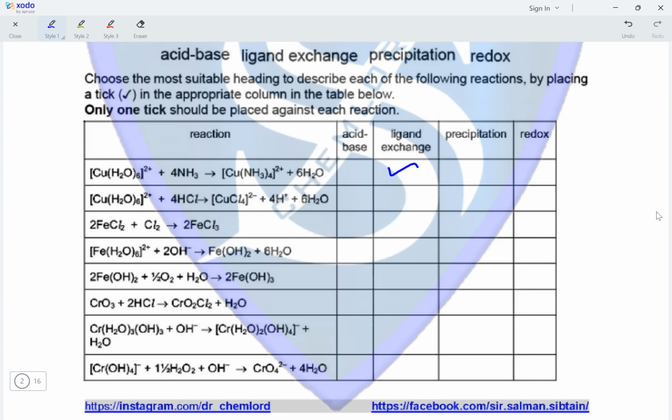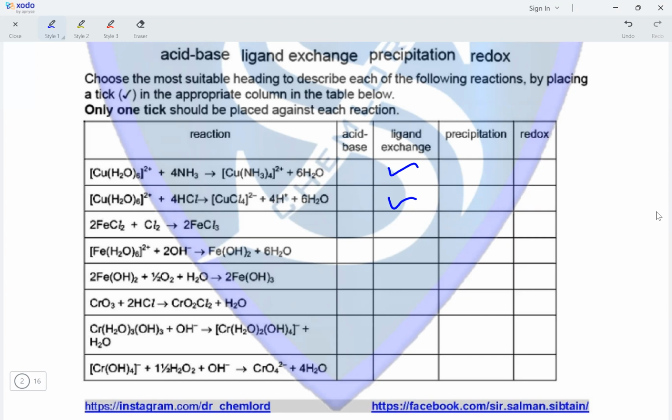Next, we've got Cu(H2O)6 2+ reacting with 4HCl. Whenever we have such a reaction, chloride will replace water molecules, and since ligands are being exchanged, this is also an example of a ligand reaction. Next, FeCl2 forms FeCl3. Here we do not have any ligand exchange taking place.